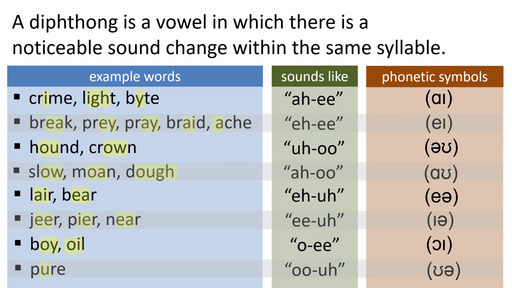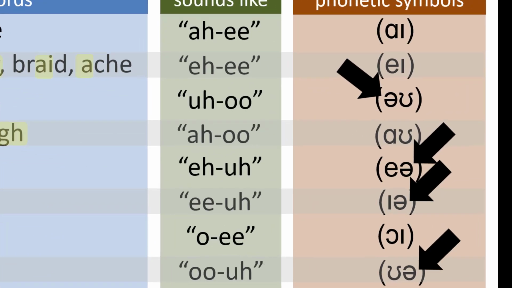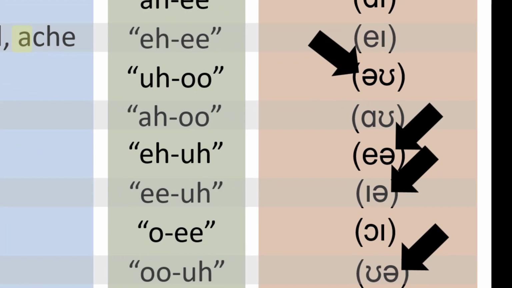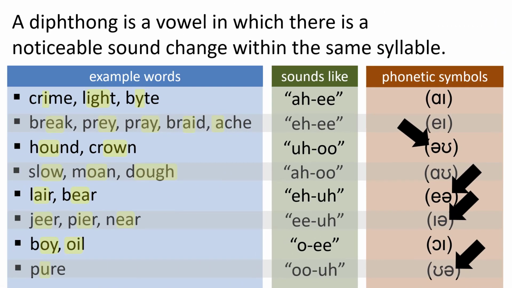But before we move on, I just want to show you this letter. Notice the upside down E. This letter is called a schwa, and it is the most common vowel sound in English. We have a whole lesson on the schwa, and I will leave a link to it in the description.